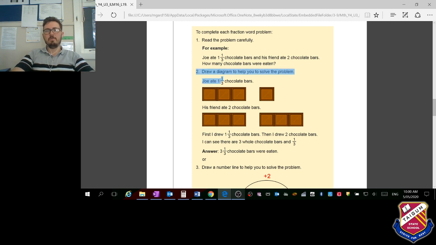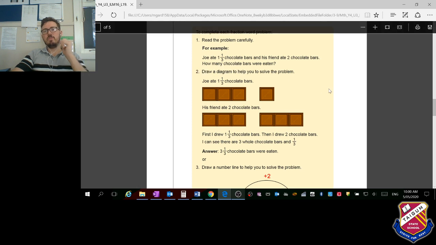Next step, draw a diagram to solve the problem. So we've got Joe's chocolate bars there. They've partitioned the chocolate bars into 3 parts to make it a bit easier. So there's one whole chocolate bar and there's 1/3 of a chocolate bar.